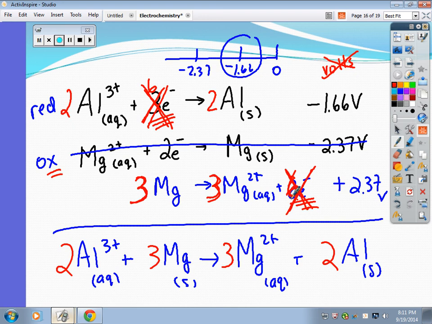Don't touch that. What's my overall voltage? How do you do that? Well, if you add them up, you get the overall volts, and the overall volts happens to be 0.71. Is it positive? Yes, you say it is. If it's positive, it's spontaneous, it produces volts by itself.